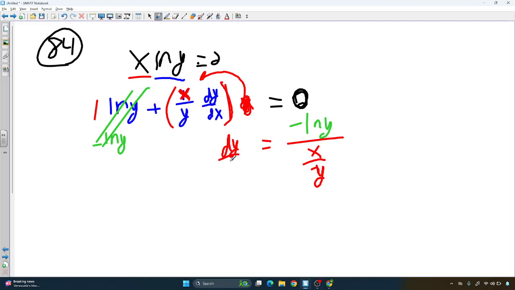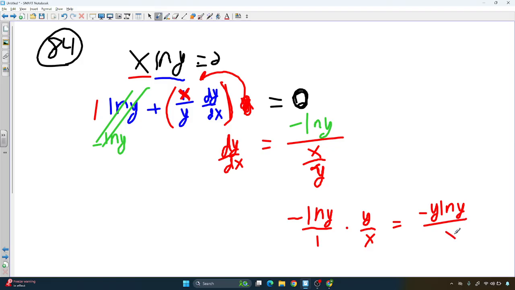But we should have dy dx. We could also multiply. Sorry, that's not a negative. We're dividing by x over y. We could also multiply by y and divide by x, and that's what we're going to do in a second. So we're going to have this, and then over 1 times y over x. So you line up with negative y ln y over x. That should be dy dx.